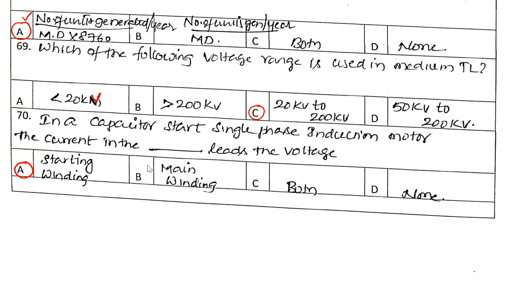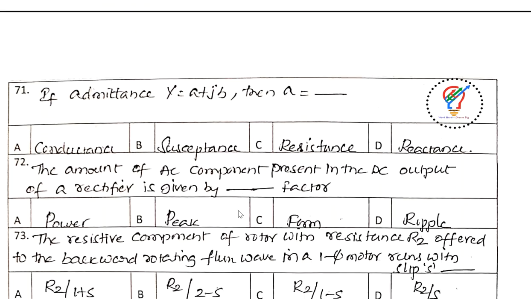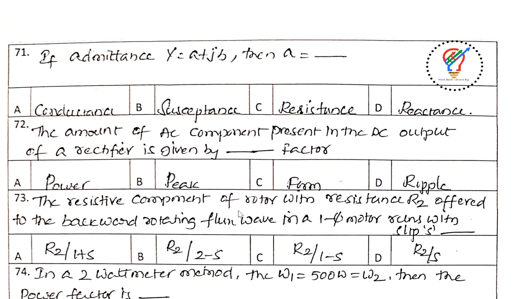It's not the main winding, the answer is starting winding. So in a capacitor start single phase induction motor, the current in the dash leads the voltage, meaning the starting winding leads the voltage. The other name for the starting winding is the auxiliary winding. Okay, so make a correction. Next one, 71st question here.